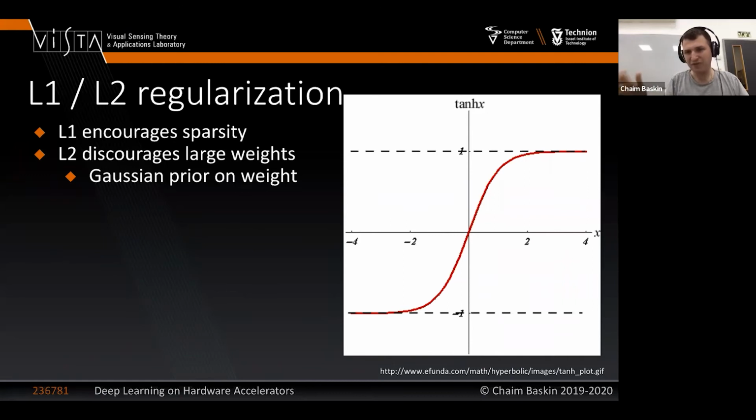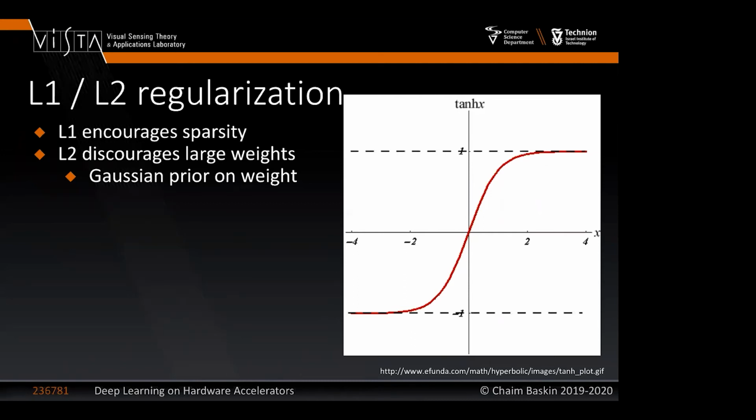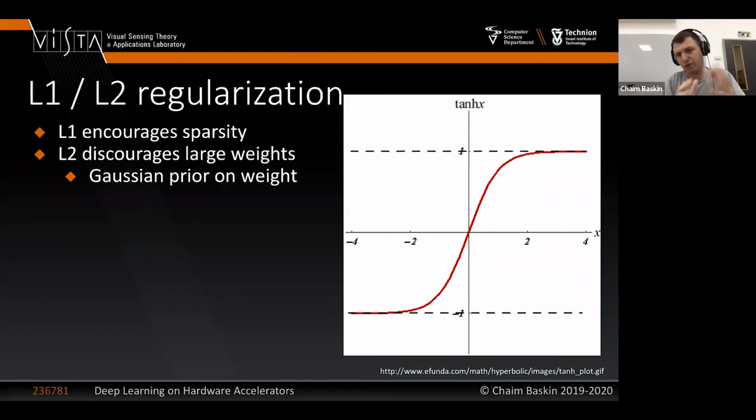Another way is pruning your network. Pruning means that the tensors that are zero, you can disregard them from your flow, from your graph. So this is why you may wish to encourage sparsity in your network.